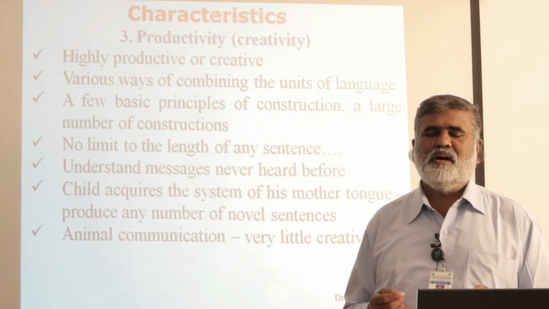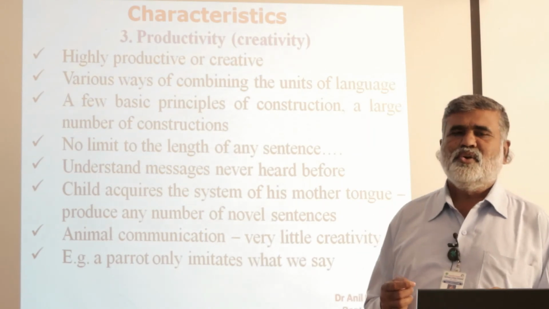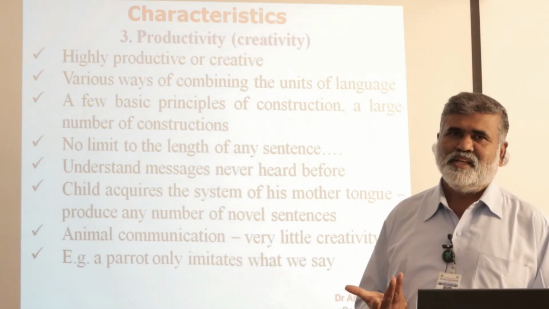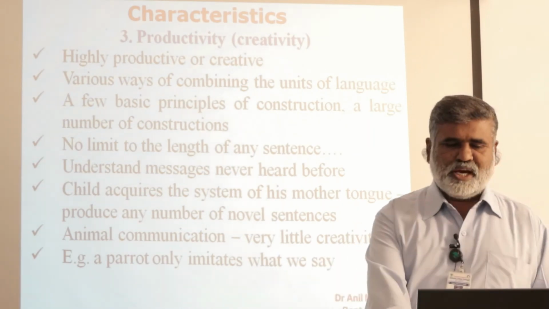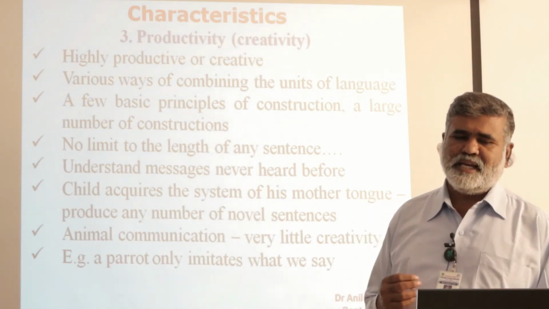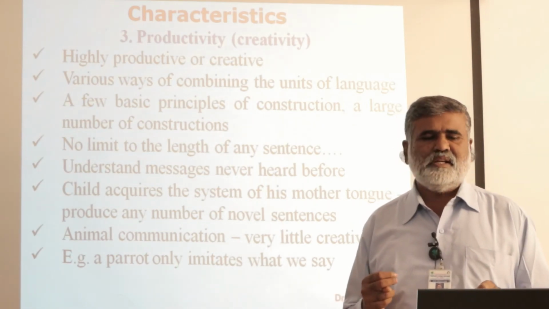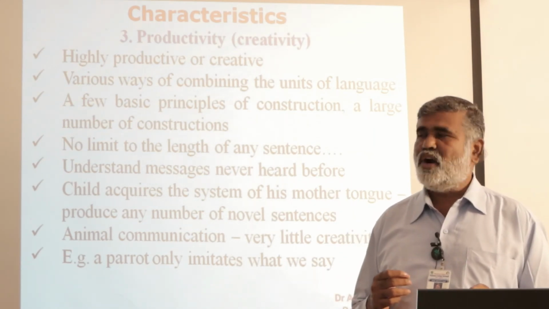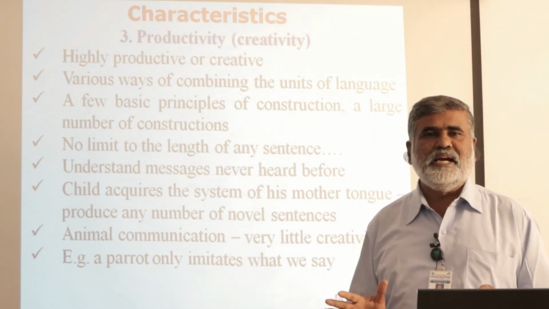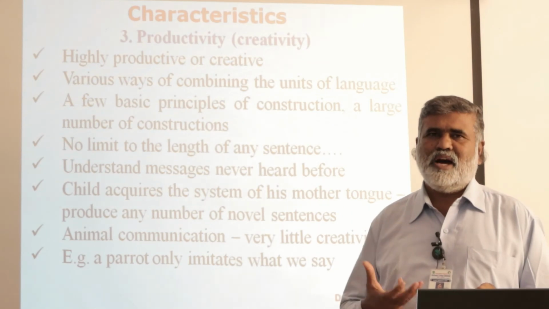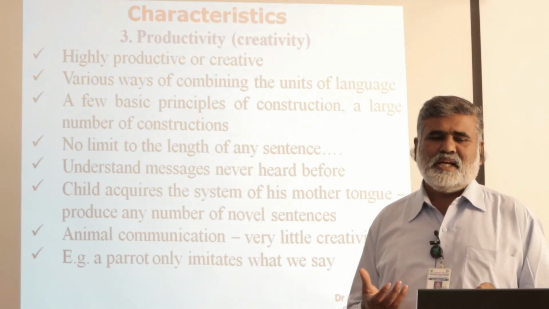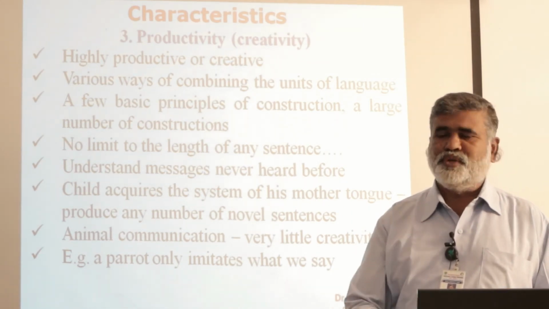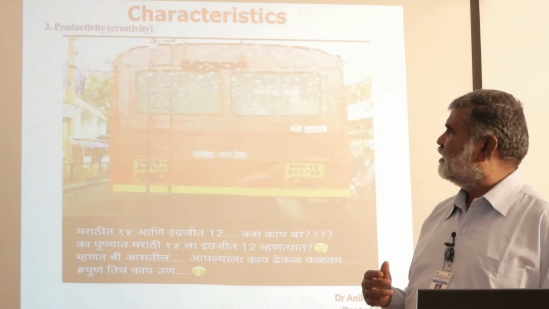For example, a parrot only imitates what we say. That is the difference we have to see here. And hence human language, or the language of humans, spoken, is called open-ended.